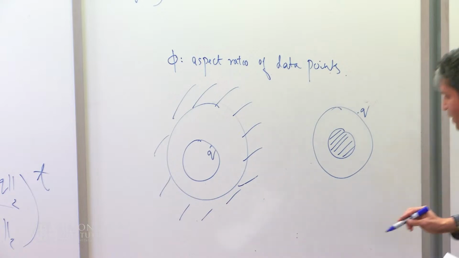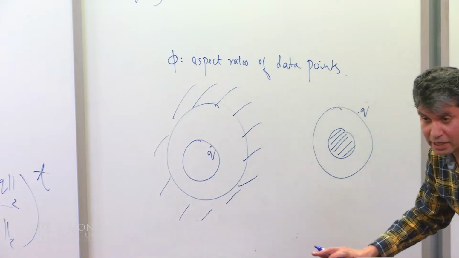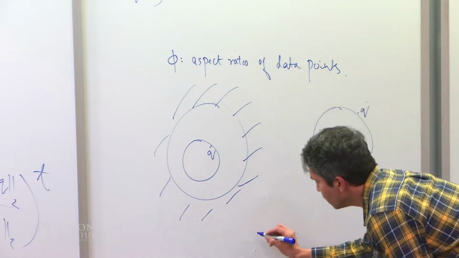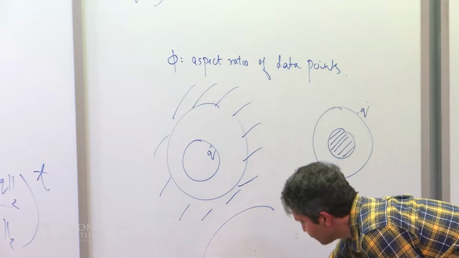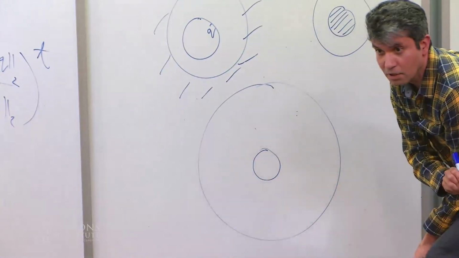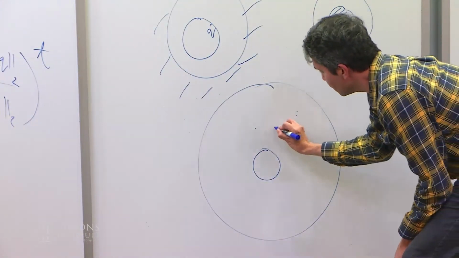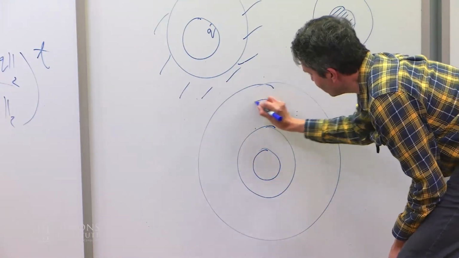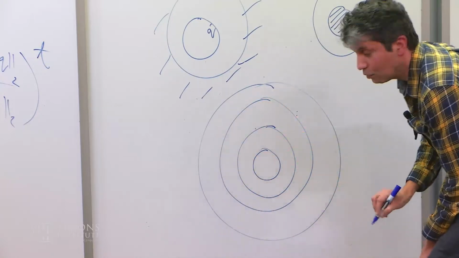What's actually happening is we're operating on data that is all sitting inside a big ball and outside a tiny ball inside. There's another ball here, another ball here.